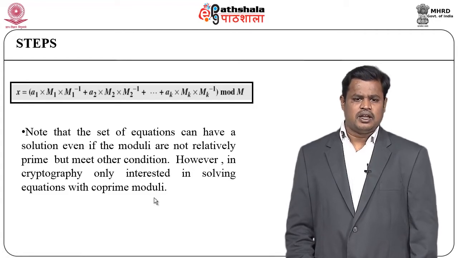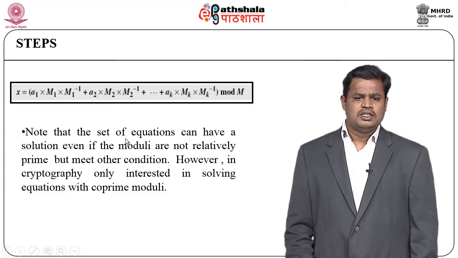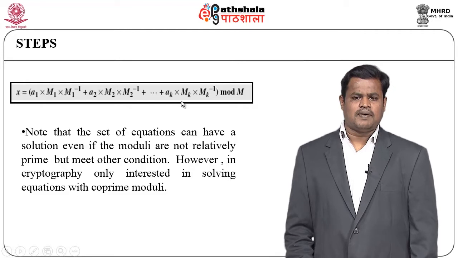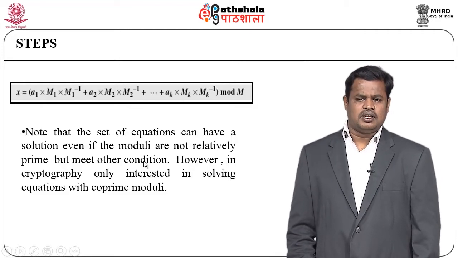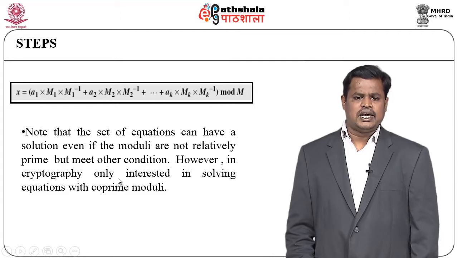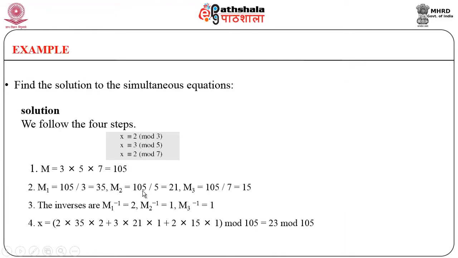It is not necessary; even if the condition is not met, this equation will also work for some other values. But in the field of cryptography, when I want to work with CRT, I should make sure that all the moduli are co-prime to each other, relatively prime moduli.